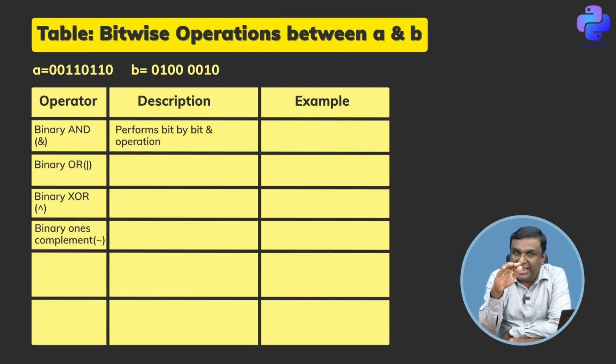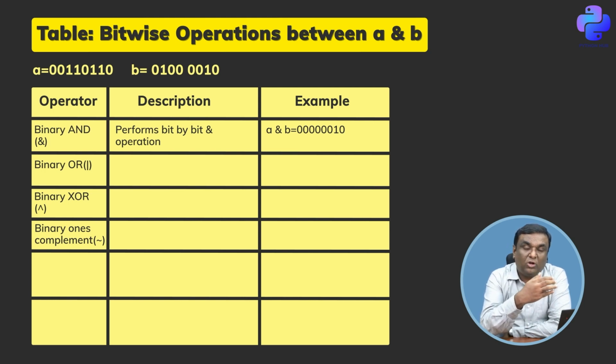Now it's going to look at the 8-bit values of 54 and 66 and then compute this AND operation. So the outcome of it will be 00000010. Now compare the 8-bit values of 54 and 66, you will be able to understand this.